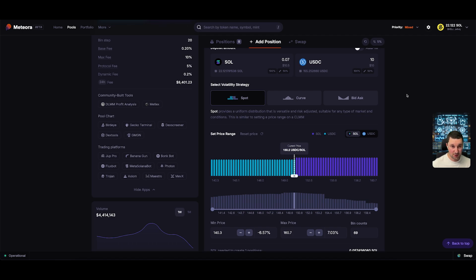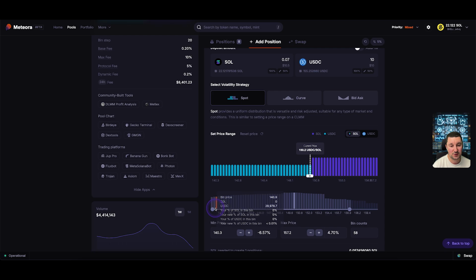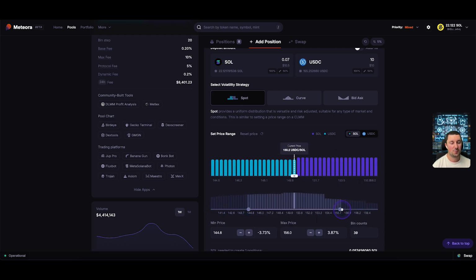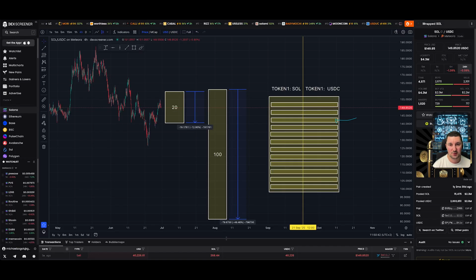And in the price ranges and regarding the bin steps, you can also reduce the price bins, which then means you provide more liquidity to a specific price, you create a density with your liquidity. So when you decrease the bins, then it means that in this price range you provide liquidity, so you have more density, more liquidity.